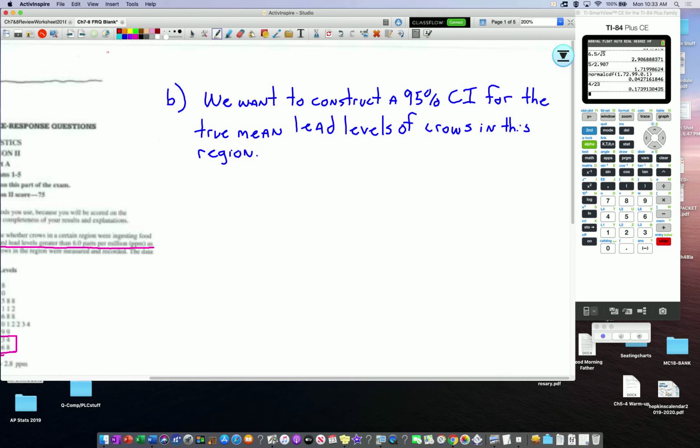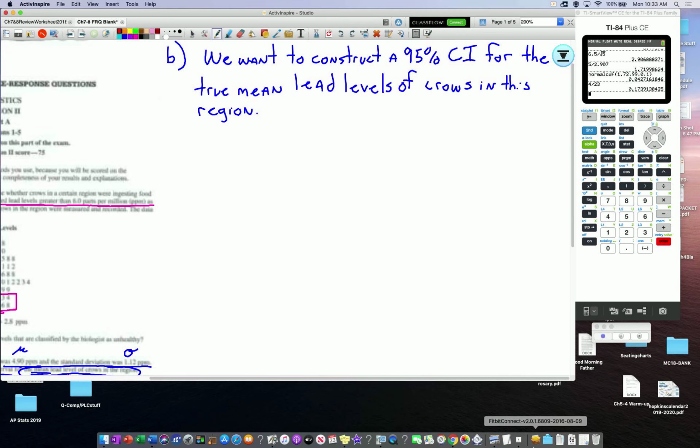So I'm going to switch colors as I go here. Now here comes the fun. Confidence interval. In the plan, there's really going to be 4 things I'm going to look for. First of all, I want to state what type of interval I want to construct.